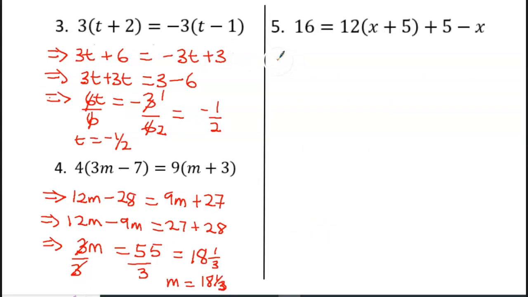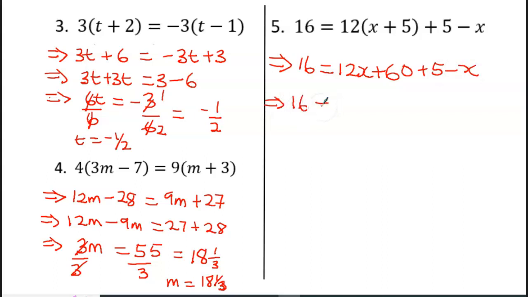16 is equal to 12 times (x plus 5) plus 5 minus x. So this implies that 16 is equal to 12 times x, 12x, 12 times 5, 60, plus 5 minus x. So this implies that 16 is equal to 12x minus x, which is 11x, plus 60 plus 5, which is 65.